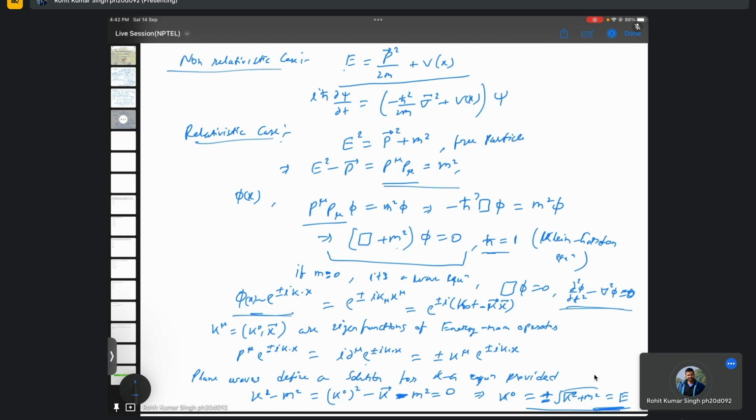But later you will see that it has a very profound implication, and this problem was solved by Dirac by introducing the Dirac equation. So this, I think, will be discussed in the next week's lectures.